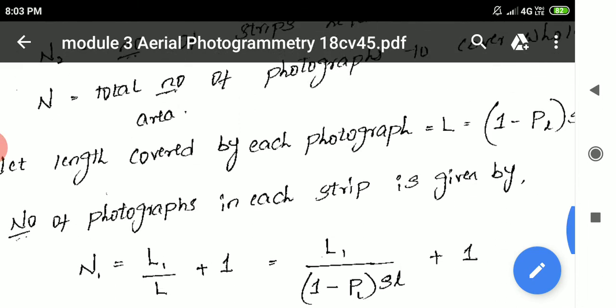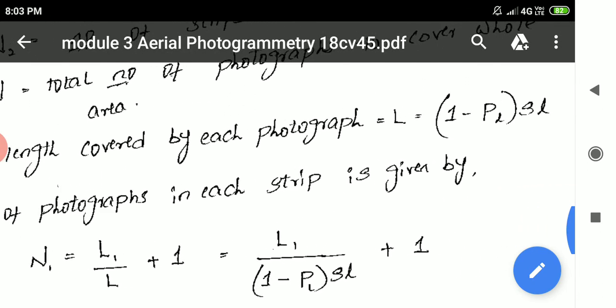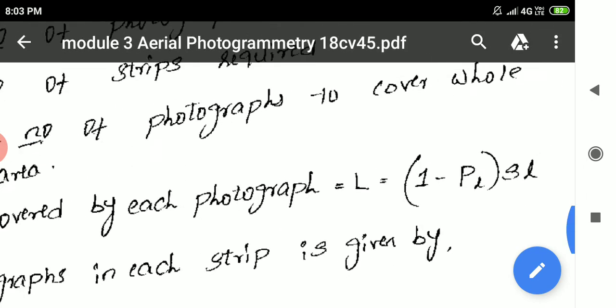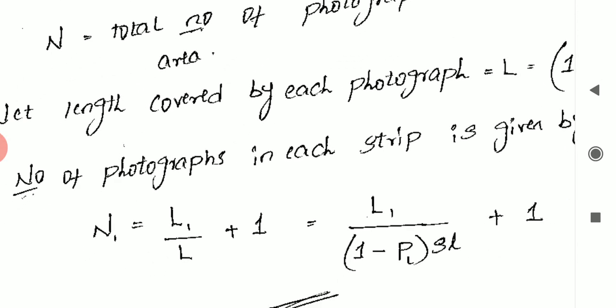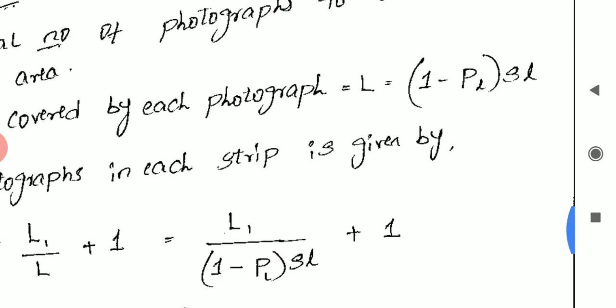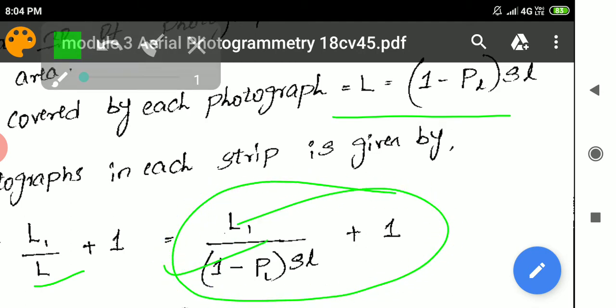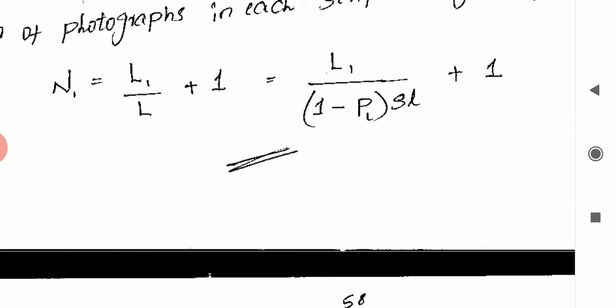The net length covered by each photograph is l = (1 - PL) × SL. The number of photographs in each strip, N1, is given by N1 = L1 / l + 1. We put the l formula in this equation, so N1 becomes L1 divided by (1 - PL) SL, plus 1.